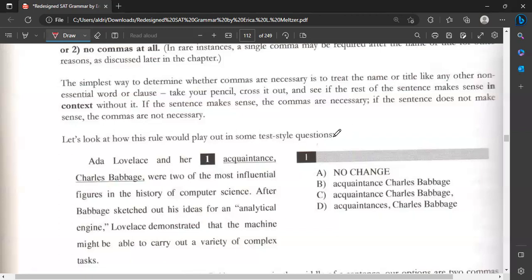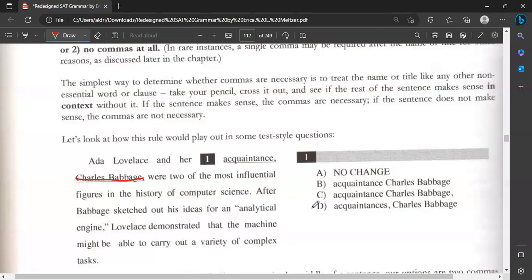So Ada Lovelace and her acquaintance Charles Babbage were two of the most influential figures in the history of computer science. If I remove Charles Babbage, the way A says, A says this is non-essential.